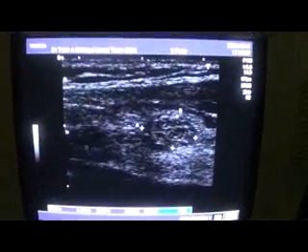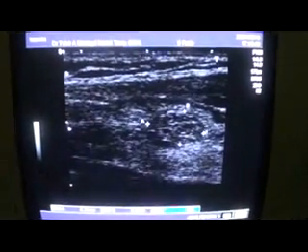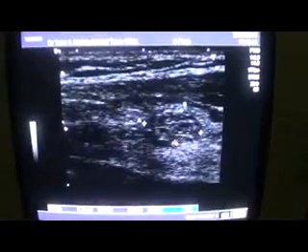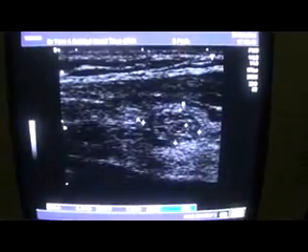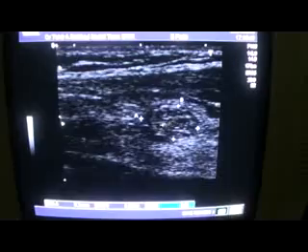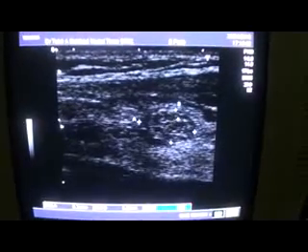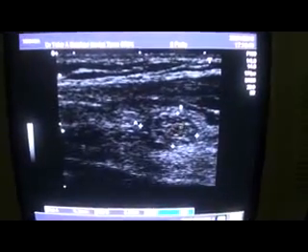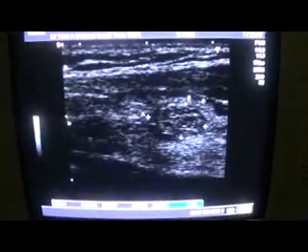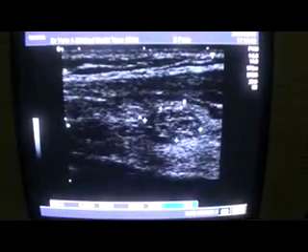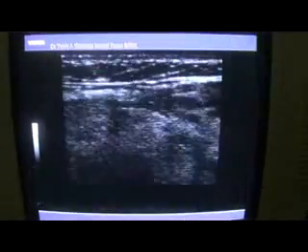There is no calcification in this focal lesion. It is solid, no posterior wall enhancement, has internal cystic areas, and it is at the lateral margin of the gland. This is the thin rim of thyroid tissue surrounding this focal lesion.